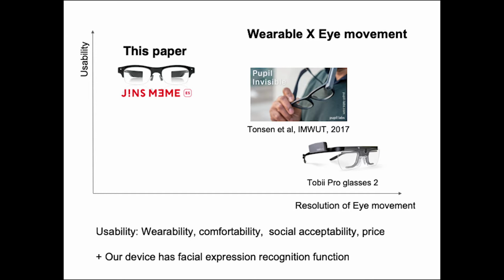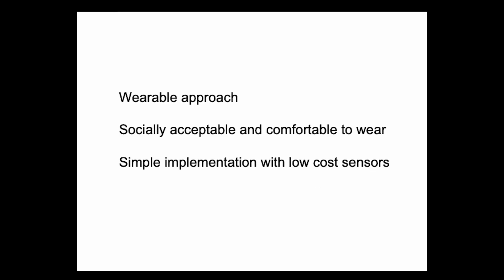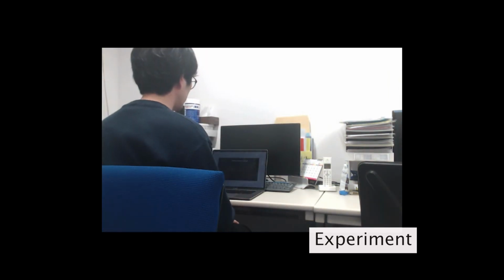Our paper stands on the left top because EOG-based methods require contact and camera-based methods are more robust but usually expensive. So the advantage of our method is that it is wearable, socially acceptable, and comfortable to wear, and it is a simple implementation with low-cost sensors. To confirm the potential, we evaluated three eye-based interactions using the device.